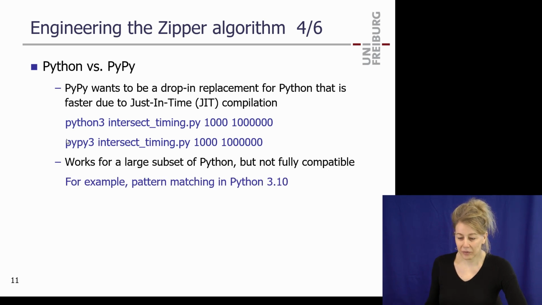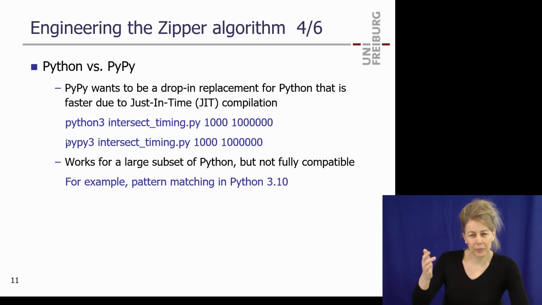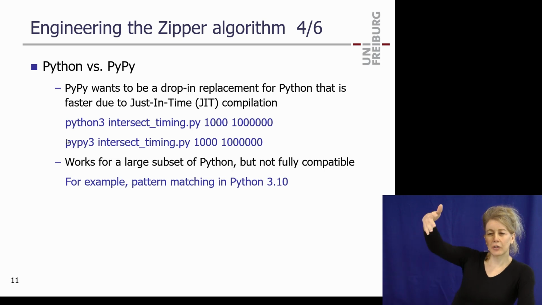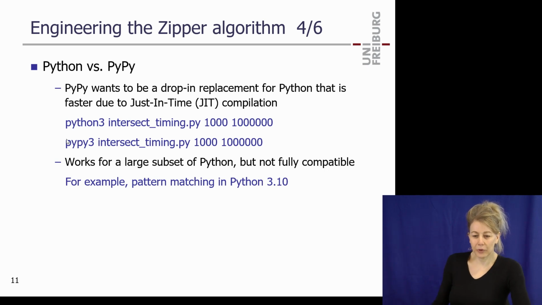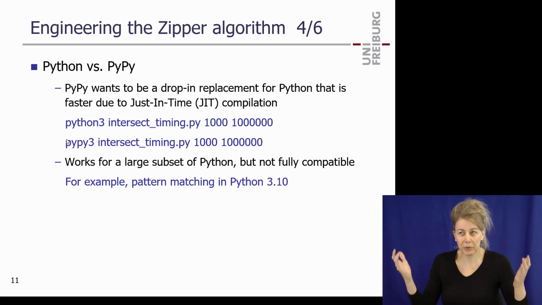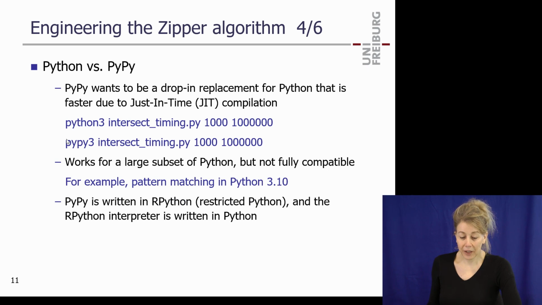So some features in the latest Python versions don't work, but a lot actually works. For example, Django, who knows Django, this web framework which is written in Python, some of you. You can just run Django with PyPy, it works. So even big frameworks which use a lot of features and a lot of code work with PyPy.